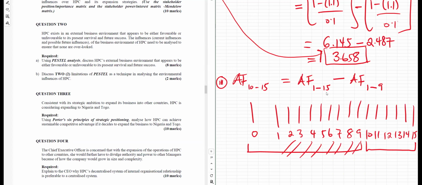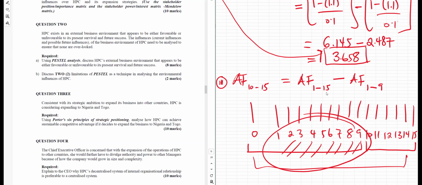Out of the total, we take this one out so that we are only left with this one. So you take the whole 1 to 15 and subtract 1 to 9 from it so that you're only left with 10 to 15. I hope now it's clearer than when we started earlier. Did you get it?